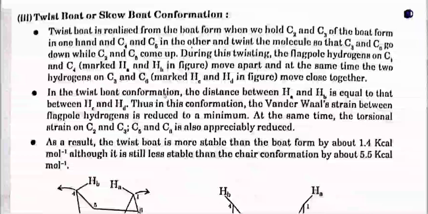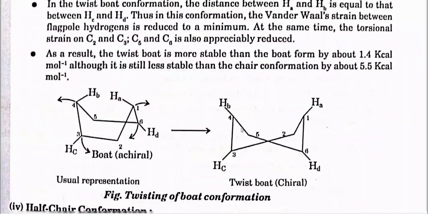In the twist boat conformation, the distance between HA and HB is equal to that between HC and HD. Thus, in this conformation, the van der Waals strain between flagpole hydrogens is reduced to a minimum. At the same time, the torsional strain on C2 and C3, C5 and C6 is also appreciably reduced. As a result, the twist boat is more stable than the boat form by about 1.4 kcal per mole, although it is still less stable than the chair conformation by about 5.5 kcal per mole.